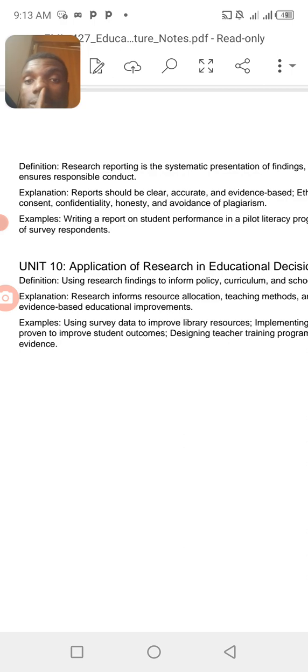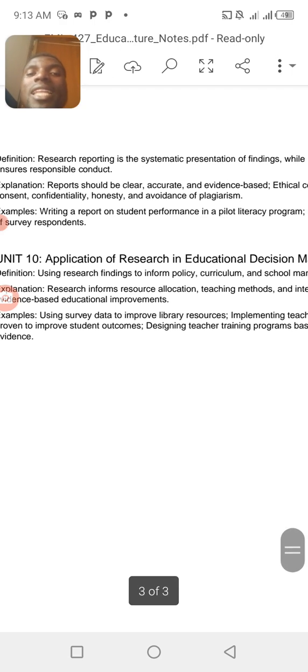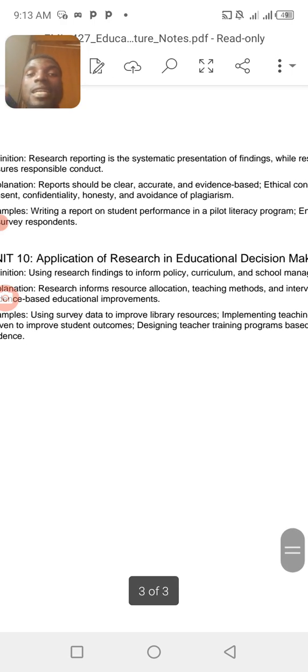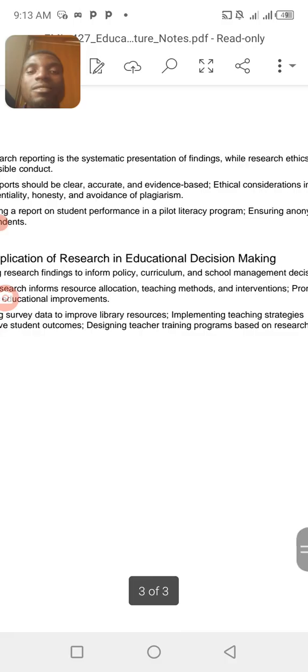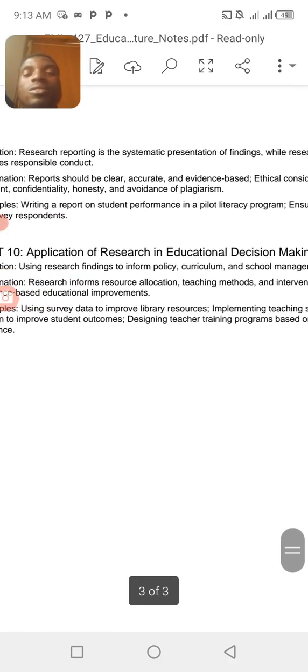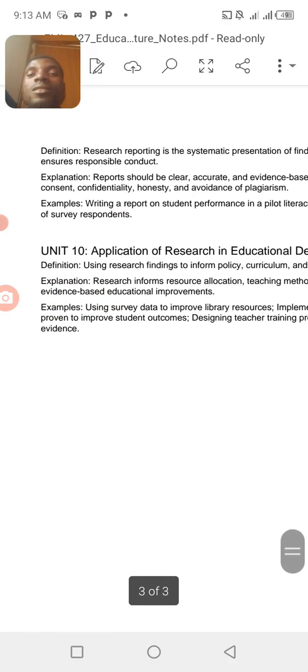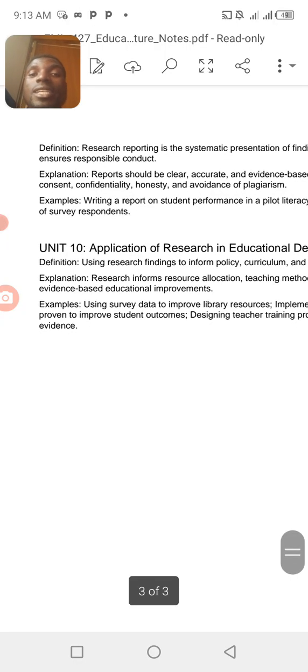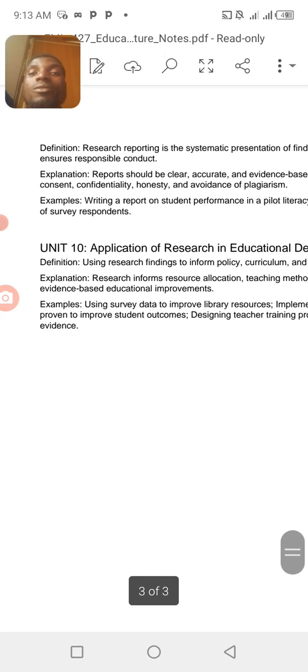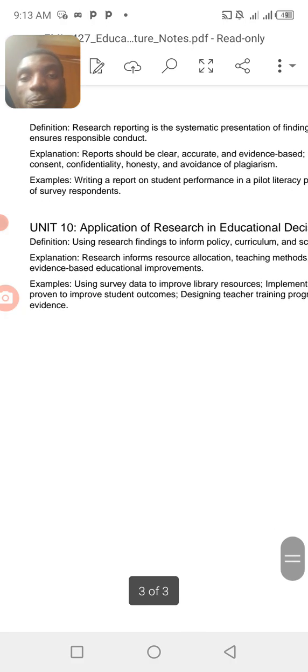Explanation: a report should be clear, accurate, and evidence-based. Ethical considerations include consent, confidentiality, honesty, and avoidance of plagiarism.